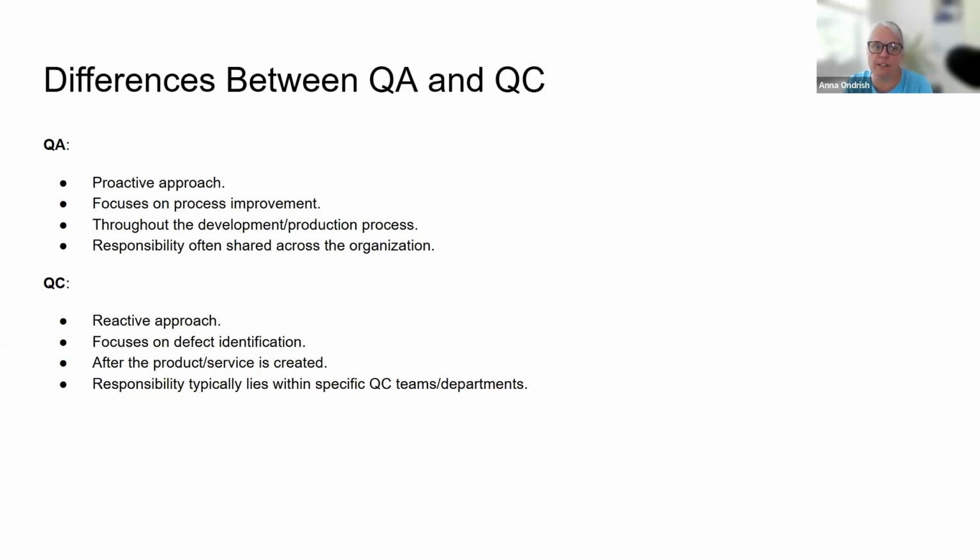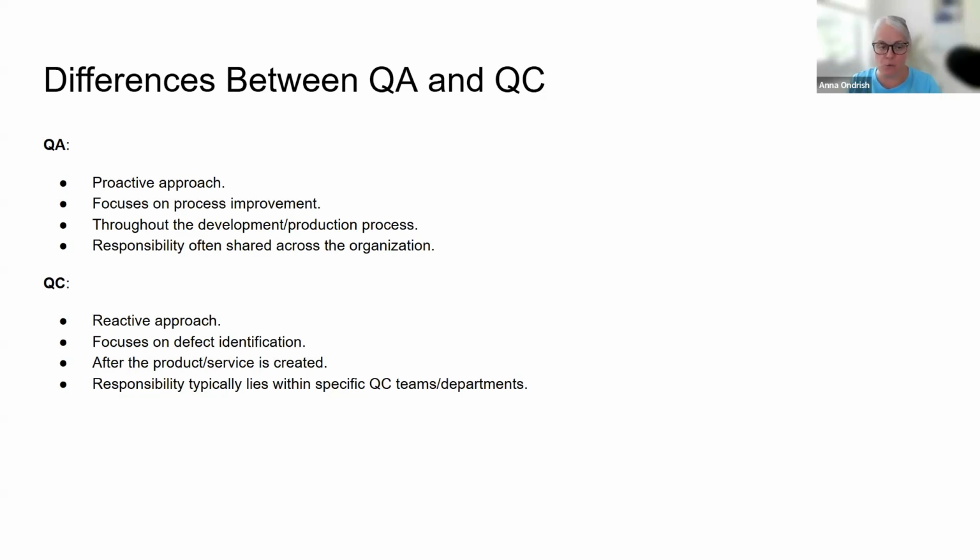Quality assurance is a proactive approach, right? It focuses on process improvements and everyone is responsible throughout the whole organization. Where quality control, your software testing, is more of a reactive approach, right? You have a product that you're going to be developing, so you're going to want to come up with a testing strategy to test that product, so it's reactive. Quality assurance can happen whether there's a product or not.